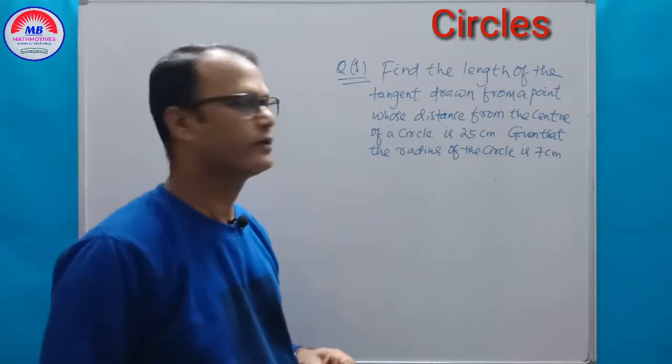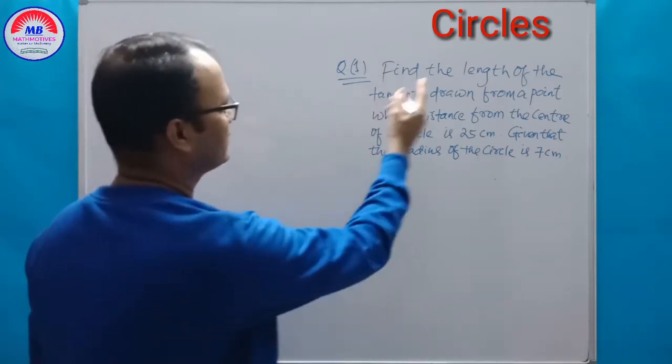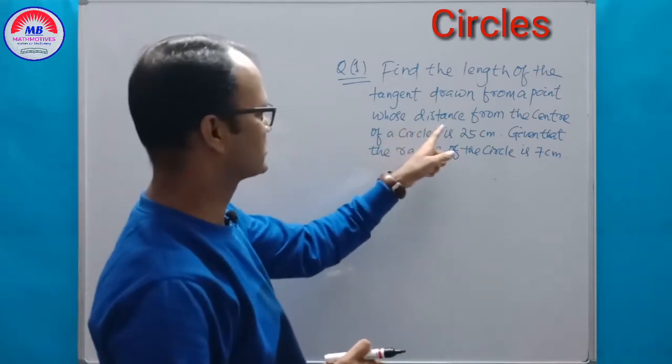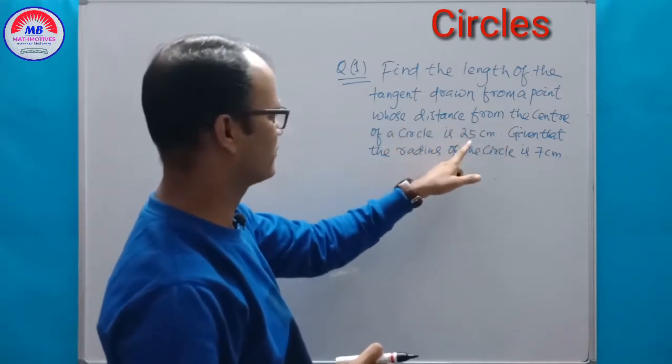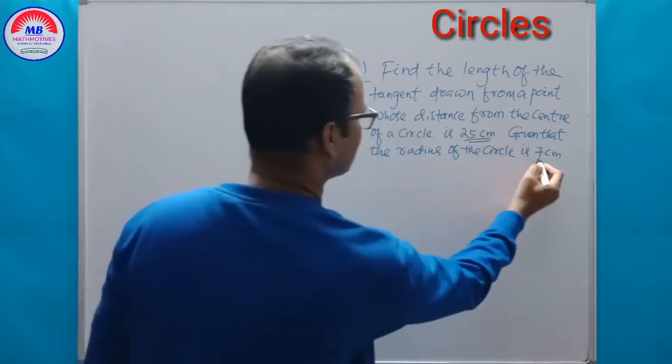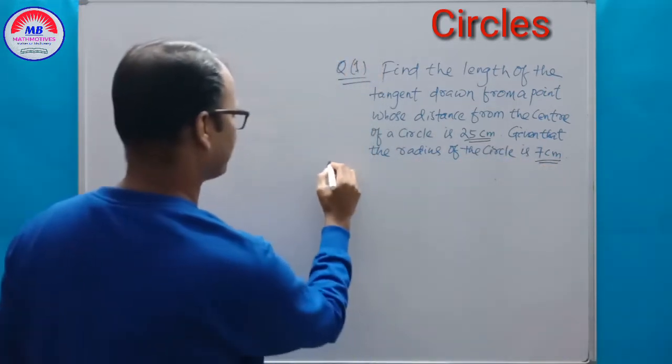Question number 1. Find the length of the tangent drawn from a point whose distance from the center of a circle is 25 cm, given that the radius of the circle is 7 cm.